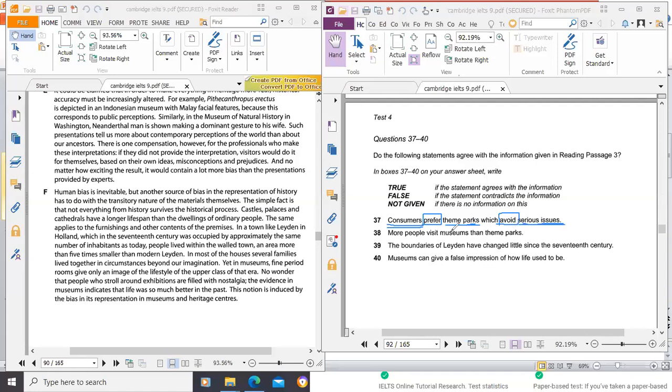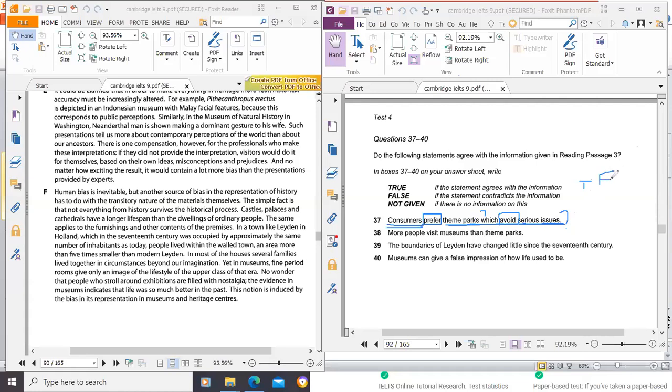So consumers prefer theme parks which avoid serious issues. Now, this statement is true if there is information that consumers prefer theme parks because it avoids serious issues. For this statement to be true, do theme parks avoid serious issues? It is true if theme parks avoid serious issues.